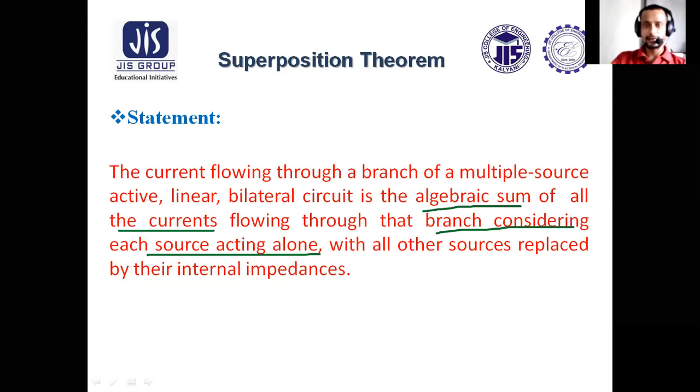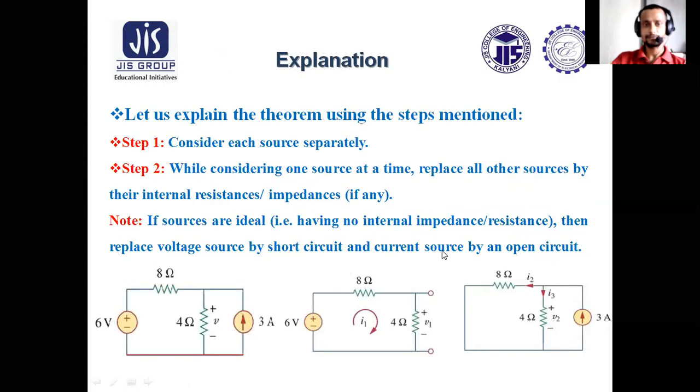So let us discuss the statement with the help of some steps. See what is mentioned here. Consider each source separately. As we discussed in the statement, each source has to act alone, so we'll consider each source separately.